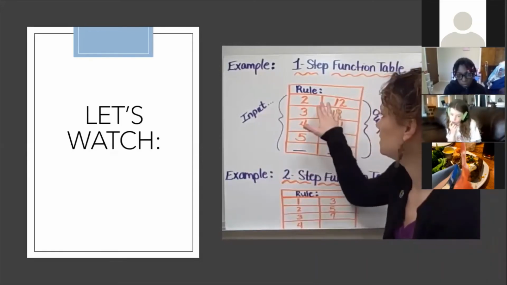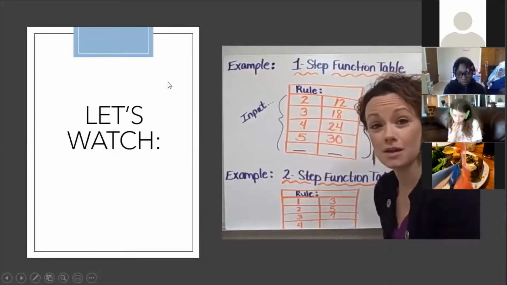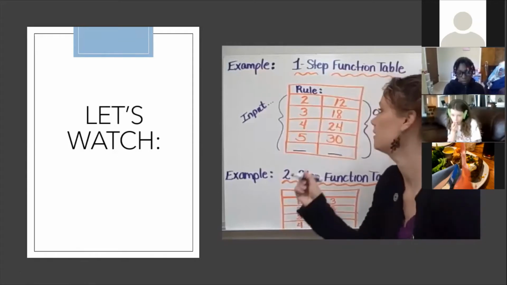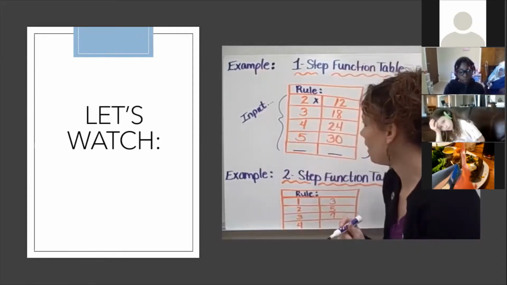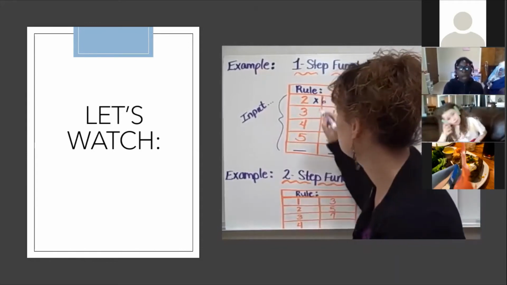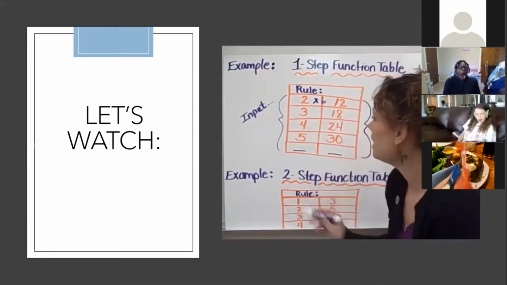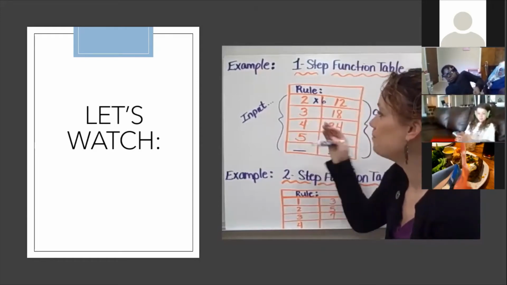So for this instance, I'm going to choose multiplication, and I'm going to ask myself, what do you have to do to 2 to make it 12 using multiplication? And I know that to get from 2 to 12, I have to multiply by 6. So I'm going to go ahead and make a little note of that on my function table. Then we move on to the next row. 3 is the number that I put into my machine.